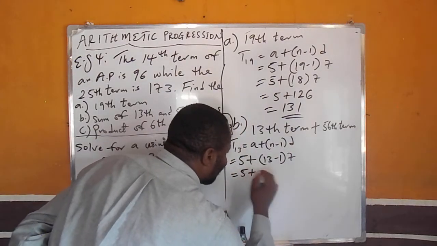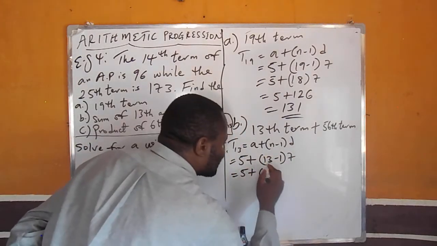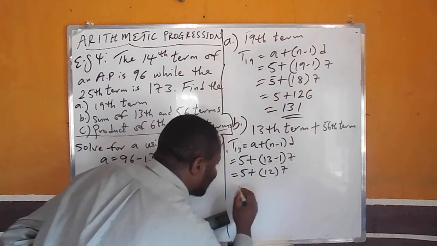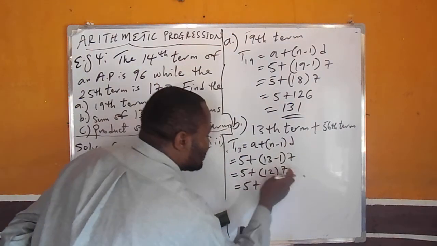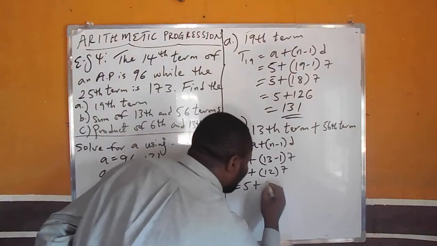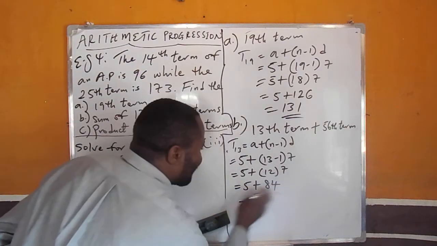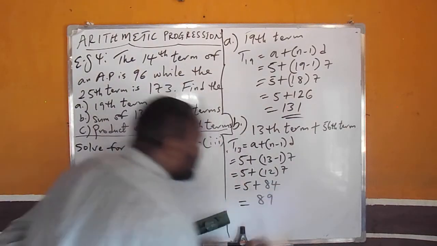That equals 5 plus 12 in bracket 7, which equals 5 plus 12 times 7, which is 84. So 5 plus 84 is 89.